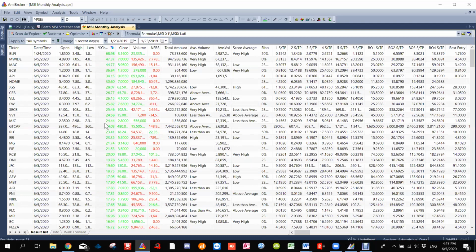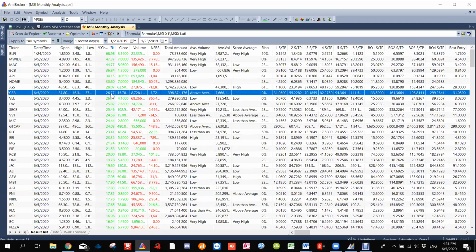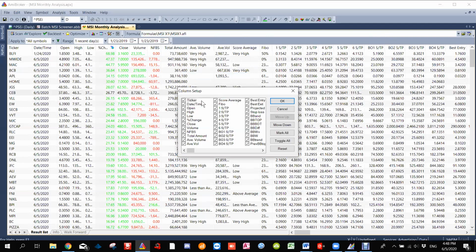Okay, yan yung monthly percentage gain niya. Okay, so kung nasa daily kayo, ibig sabihin nun, makikita nyo yung top 10 losers tapos top 10 gainers. Diba? Okay, so pwede nyo rin bawasan yung tabs by setting up columns. Pwede nyo i-unclick tapos mawawala na yung mga tabs dyan. Mababawasan siya. Okay.